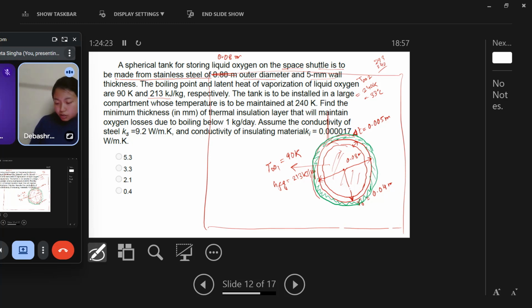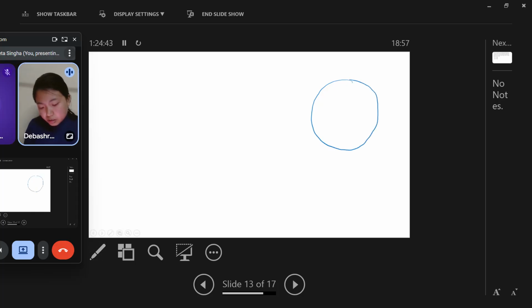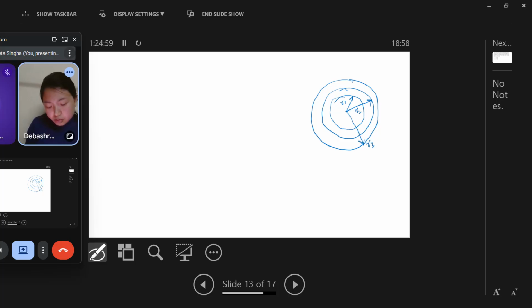Assume the conductivity of the steel as 9.2 watt per meter Kelvin and the conductivity of insulating material. So in this question, if I redraw again properly, this is R1, this is R2, this is R3.